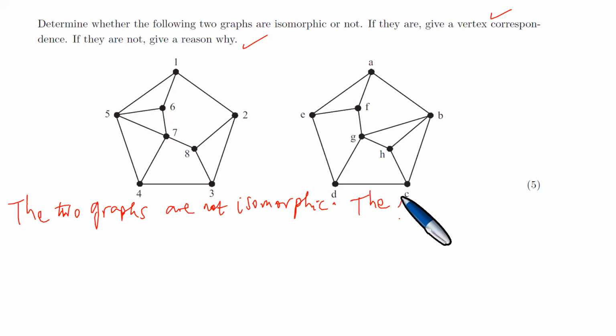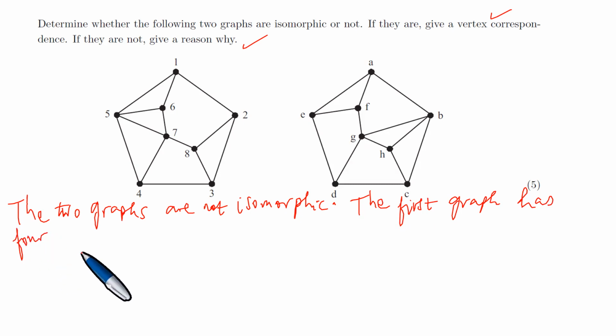The first graph has four 3-cycles. What are the 3-cycles?